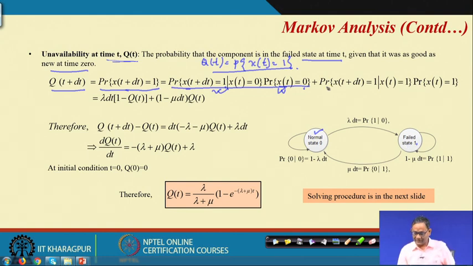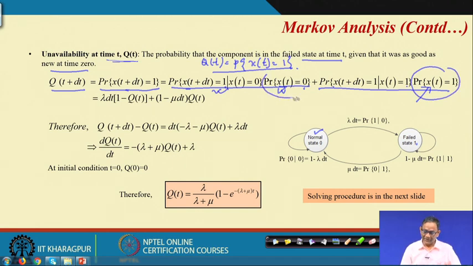The second one is that at time t, x t equals 1, it is in the failed state and it remains in the failed state. So, the probability x t plus delta t equals 1 given x t equals 1, into this. These two probabilities are multiplied and summed up. You understood, I hope.